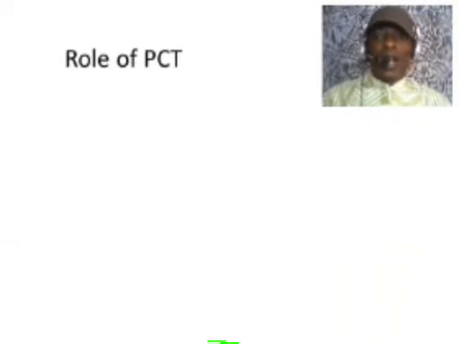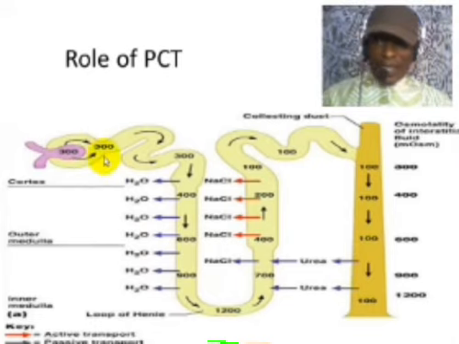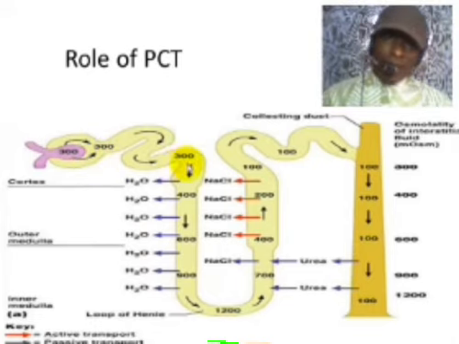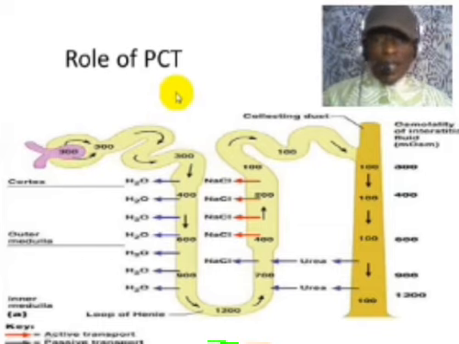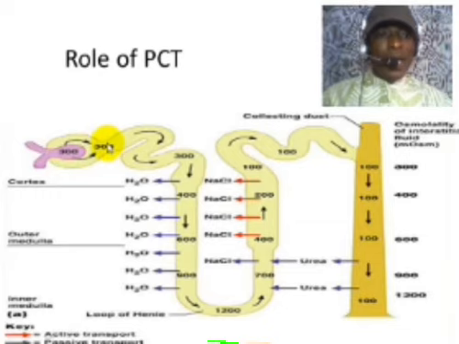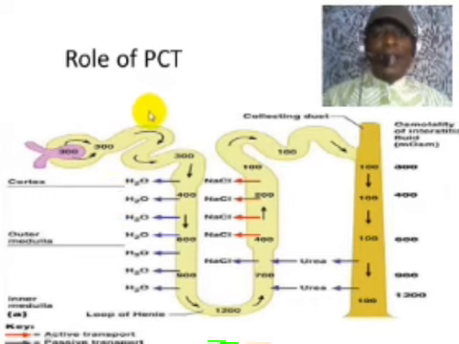Going forward, the role of the PCT. These parts form the PCT of the nephron. In the PCT, the osmolarity of the glomerular filtrate is 300 milliosmol per liter. This is normal. The PCT is permeable to both water and solutes, so water and solutes can diffuse out of the proximal convoluted tubule.